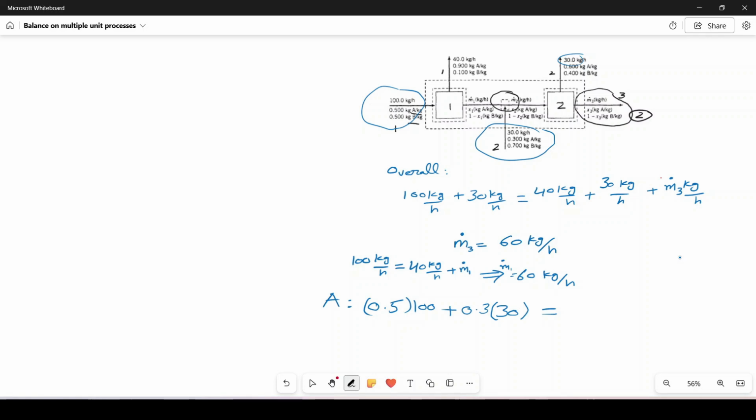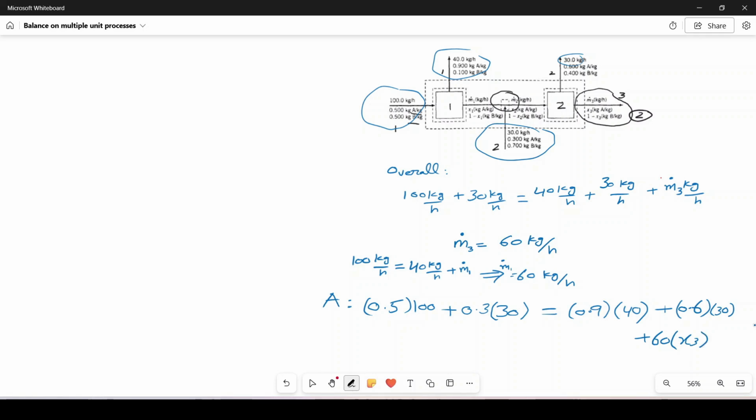The output is 0.9, the mass fraction of A, multiplied by the total mass flow rate 40 from this stream, plus from this stream 0.6 multiplied by 30, and also plus this unknown stream, where we already know M3 is 60, and we don't know the mass fraction of A, so it is given as x3.